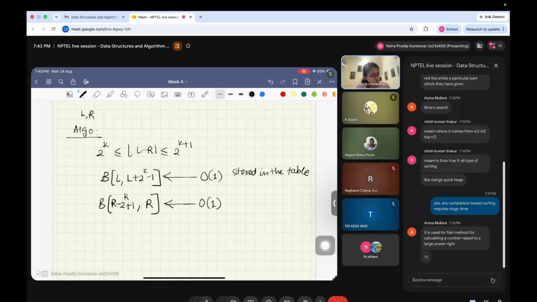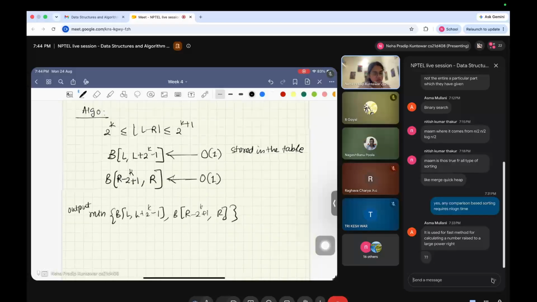And now you are going to find the minimum of B of L to L plus 2 to the k, and B of R minus 2 to the k plus 1 to R. That's it. And that is your answer.